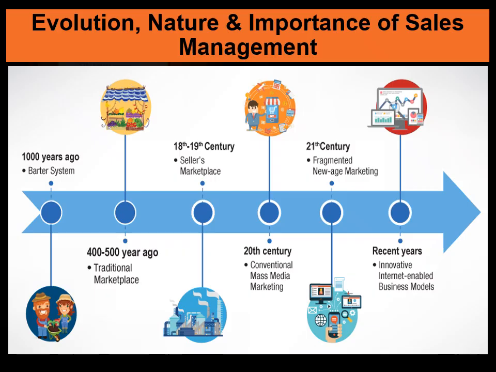In the 21st century this further developed into fragmented new age marketing, and during recent years this has taken the shape of innovative internet-enabled business models, so-called on-demand delivery business models.